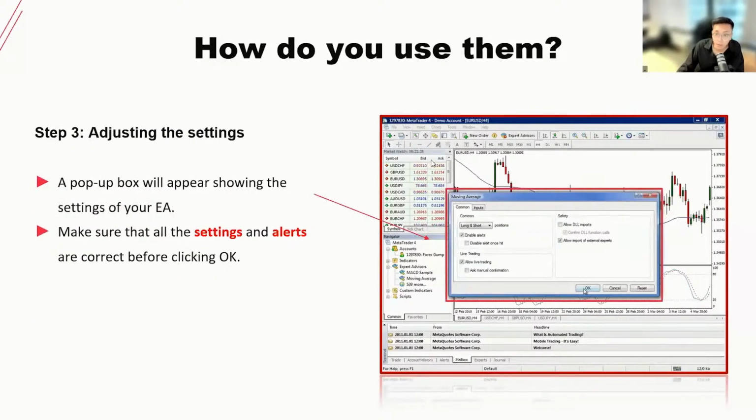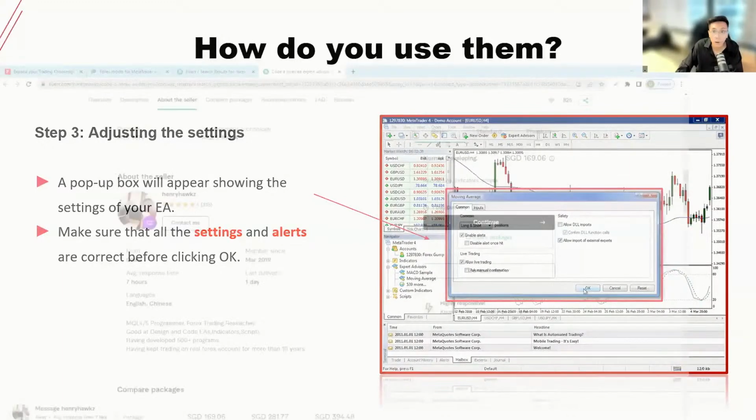The last step will be adjusting the EA settings. When you are using an EA, they'll have different settings for the EA itself, and some EAs will have complicated settings, and some EAs will be relatively simple, such as this EA.